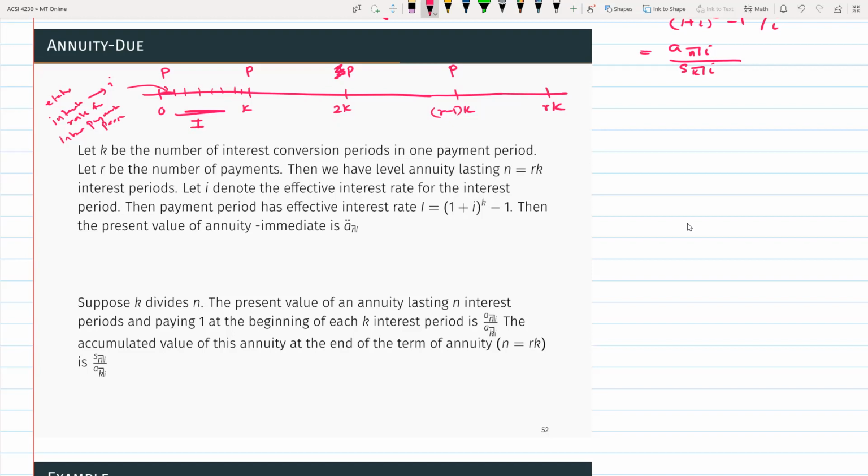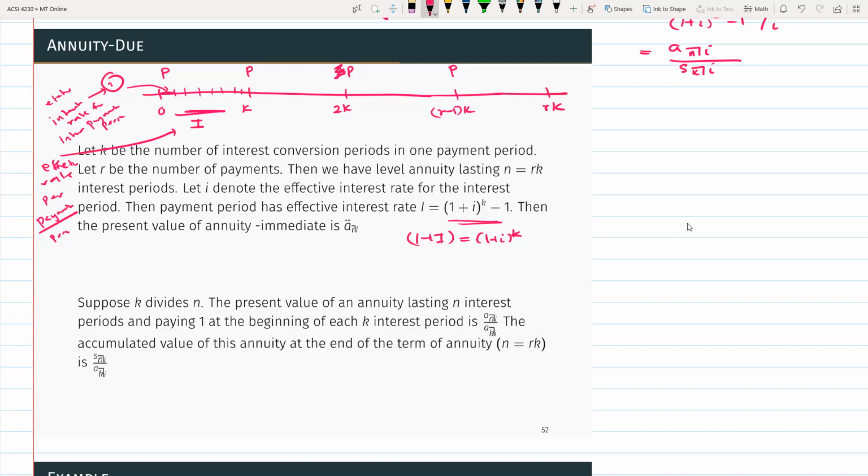That would be capital I. So again, the same setup: 1 plus capital I equals (1 plus i) to the k. So what is capital I? Capital I is the effective rate per payment period. Simple i is the effective rate per interest period. Capital I is the effective rate per payment period. So it's a difference.